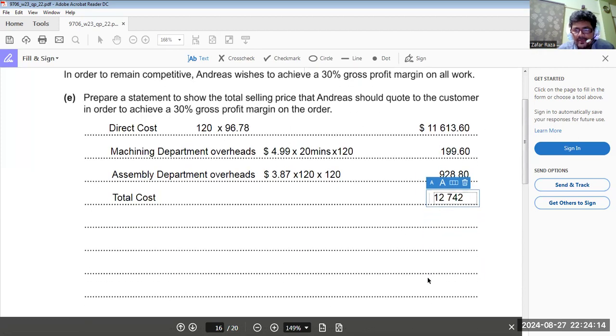12,742. Okay. Now the problem is gross margin we are given, not gross markup. Gross margin is 30%. So how much profit should be added?